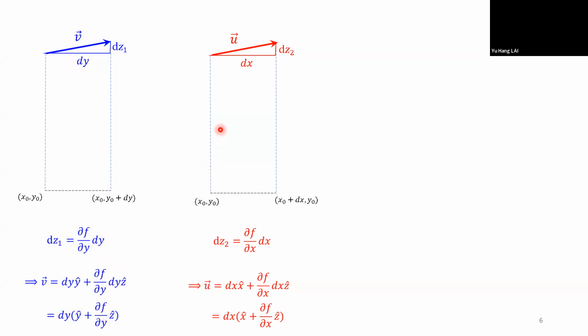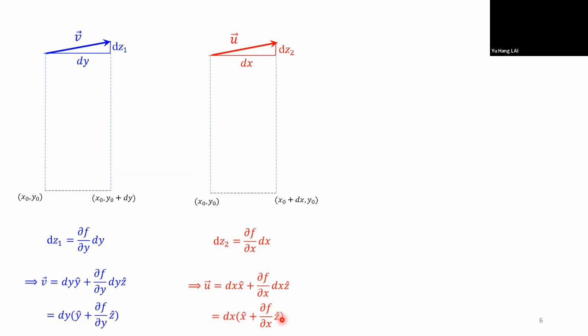Similarly, for the u vector, I need to find the x component and the z component. The x component is just dx. And the z component, this dz2, is given by the derivative partial f partial x times dx. Because when you walk along this direction, you are fixing y, but just moving along the x-axis. So similarly, my u vector is written like this.